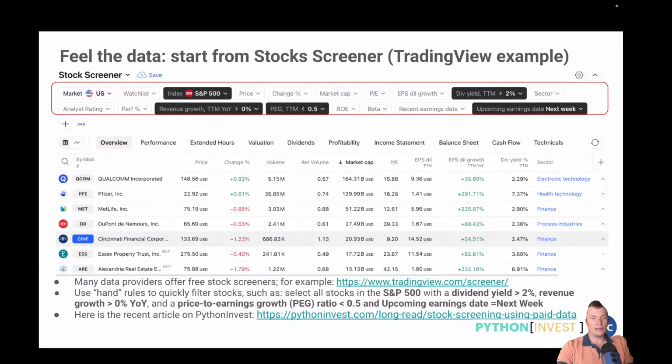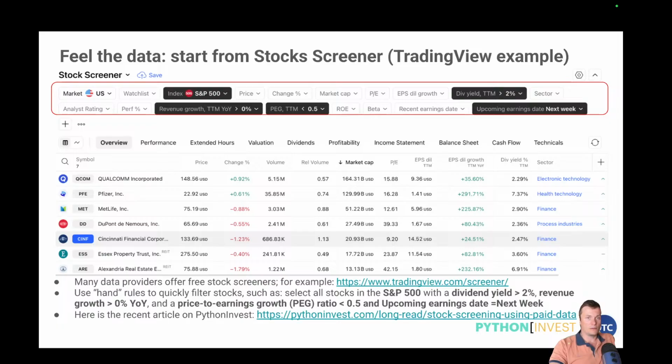You can find many stock screeners by different providers, and many of them are free. Say this one is from TradingView. I like their graphs. I like their description of metrics and what are the values for the metrics that you might want to find.